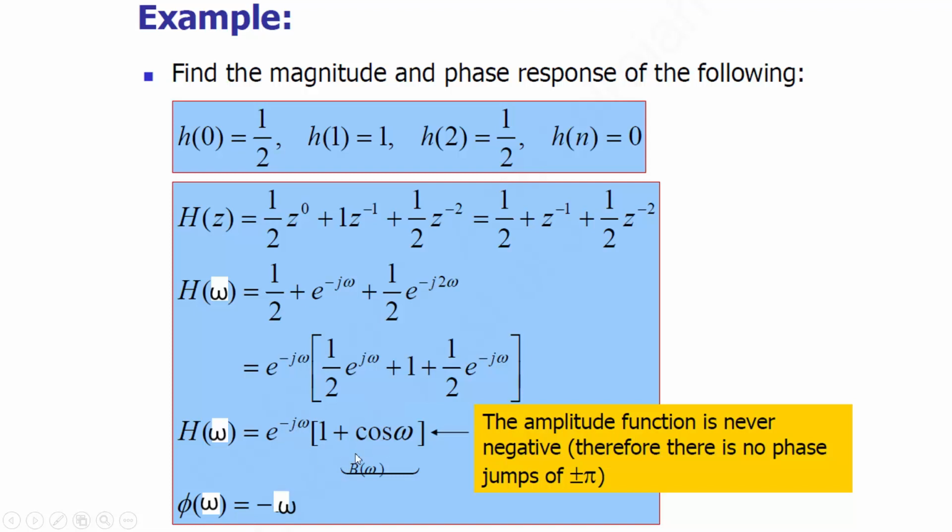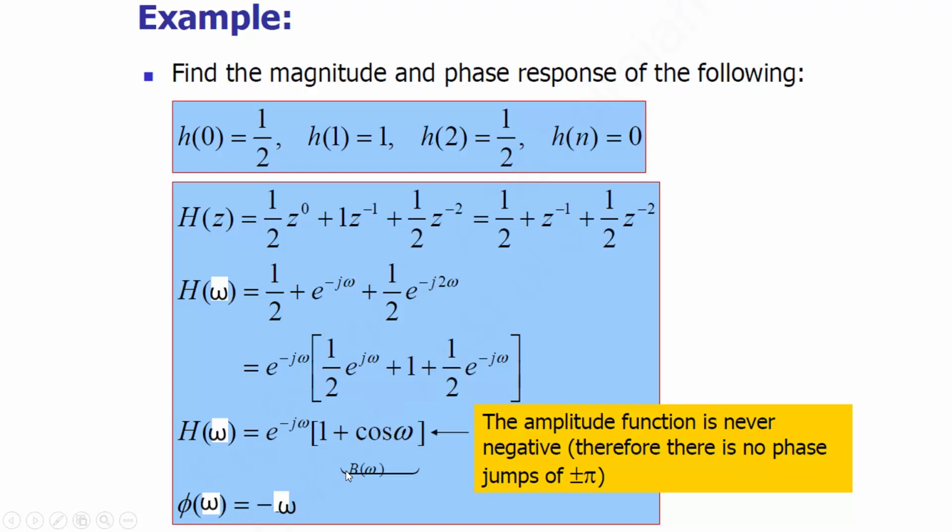Now we know that the magnitude part can be positive and can also be negative. In case the magnitude part is negative, that will depend upon how omega varies. For the omega values for which the magnitude part is positive, the phase remains the same.